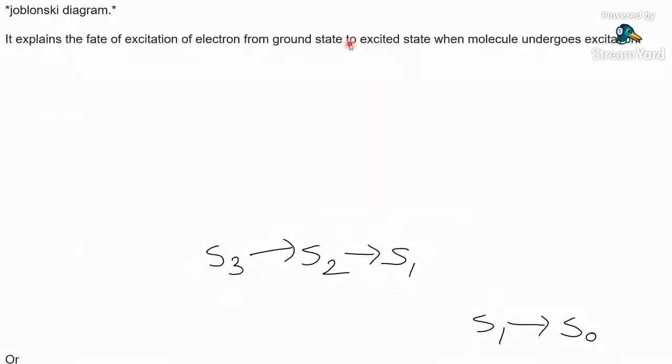When the electron is promoted from the ground state to a higher excited state, the possibilities may be intersystem crossing, internal conversion, non-radiative pathways, as well as radiative pathways. Or there will be some quenching process, or exciplex formation, excimer formation, and P-type delayed emission of fluorescence or E-type delayed emission of fluorescence. All those are the possibilities which may occur when the electron gets promoted from the ground state to the excited state.